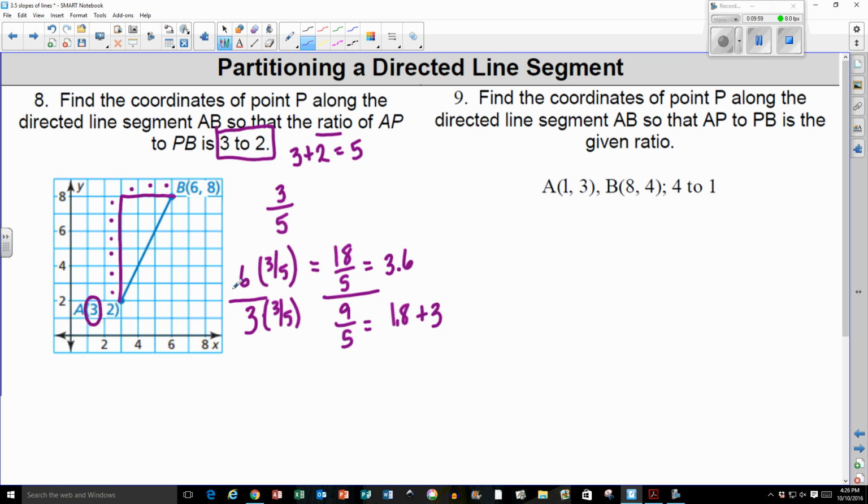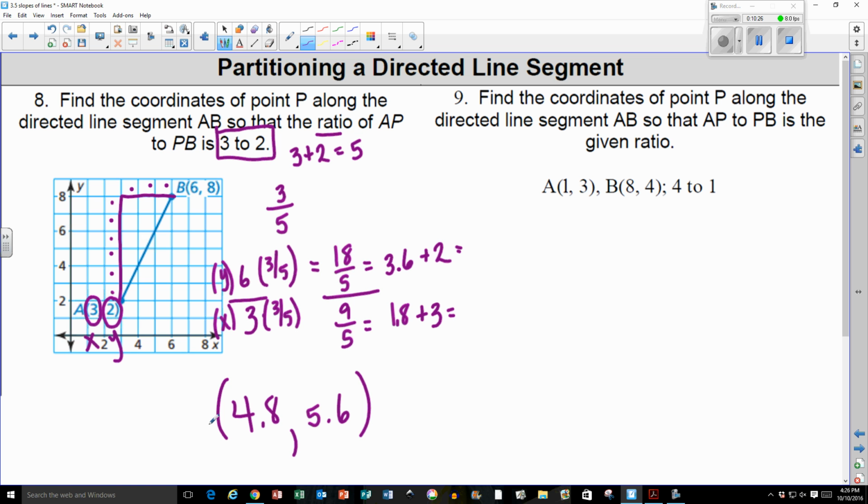So add that to here. 2 is the starting point, so we add that to here because this is your X and your Y. So remember, this is your Y's and these are your X's. All right, so now I've got 3.6, 1.8, so we're going to get a point as an answer. So 5.6, and this is going to be 4.8.